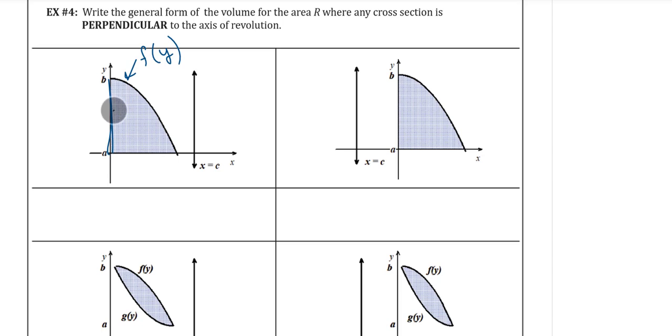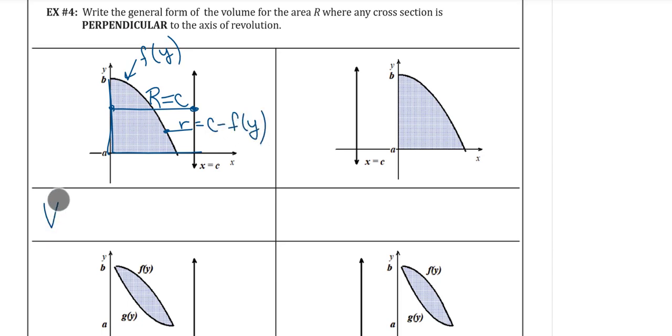So our capital R is going to go from the y-axis to the axis of revolution. It's going to be the longest distance, and so that distance is going to be C, because that's where our axis is, this horizontal distance here, which is C. Our smaller radius is going to go from the edge of the curve to our axis, and so that is going to be C minus our curve, which is f of y.